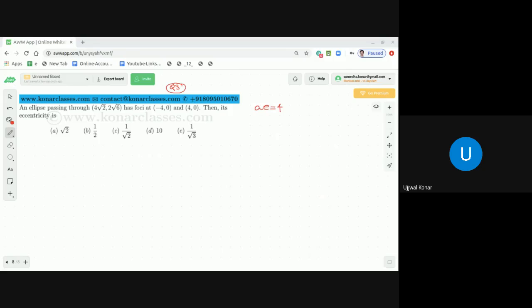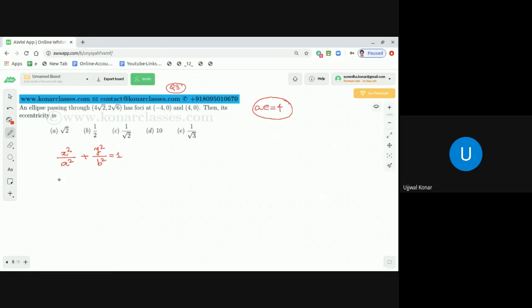Let us consider the equation of the ellipse as x square by a square plus y square by b square is equal to 1. Now, according to the question, it passes through the point (4√2, 2√6).